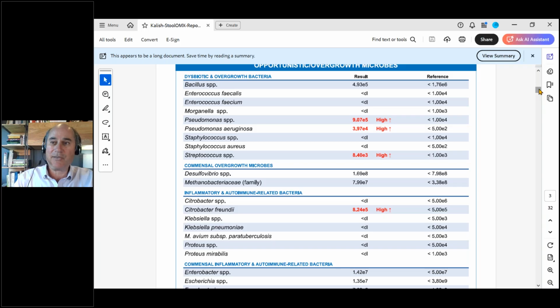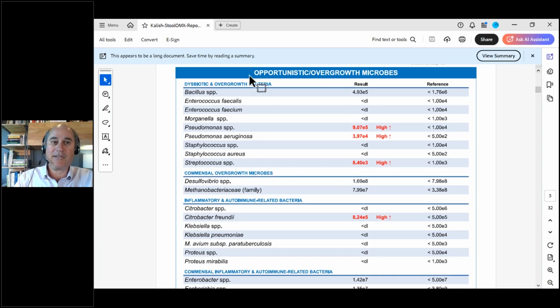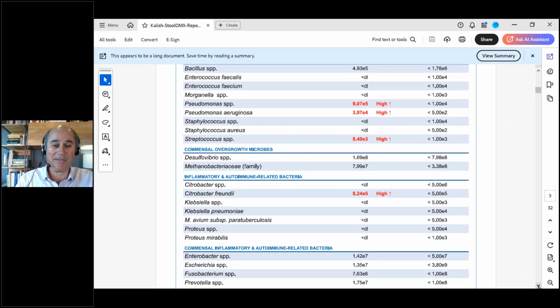So this particular lab company has a section that's called opportunistic overgrowth microbes. And right here, you can see it says dysbiosis or dysbiotic and overgrowth bacteria. So these are the dysbiotic bacteria. If you see a whole bunch of red highs, you know the person has dysbiosis.